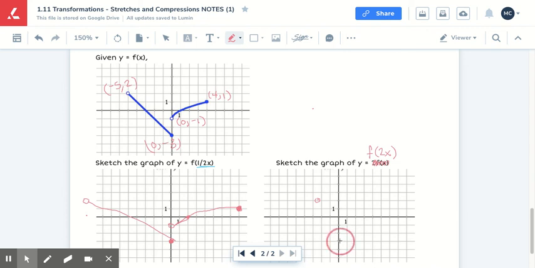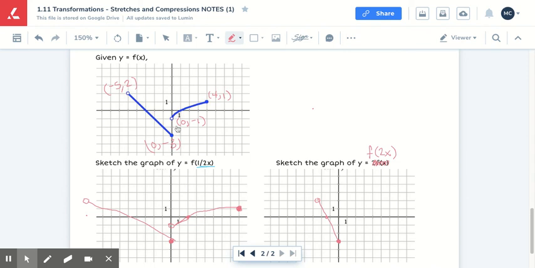So 0, -3 is still a point there. This time, let me go ahead and get the x-intercept and divide its x value by 2 also. So that would put an x-intercept at -1.5. I think that'll help me get a better picture here. So now I can connect those dots.